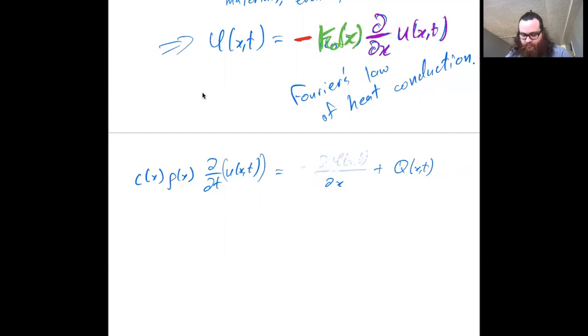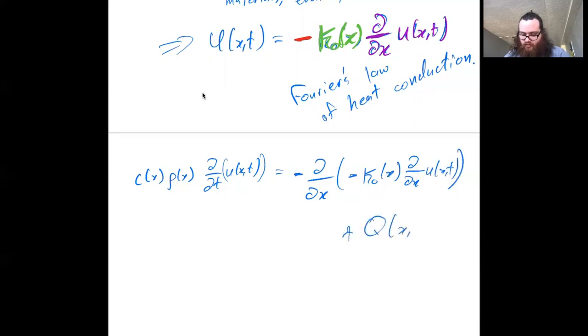So I'm going to erase all this. Remember, we had a minus sign in front. The x derivative of the flux is going in here. What is the flux now? Well, that's minus K0 of x d/dx u of x,t, plus that source term.